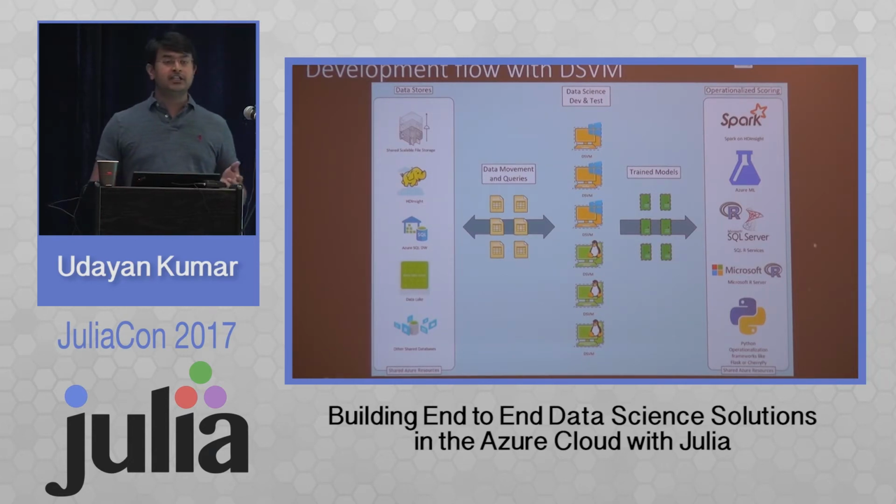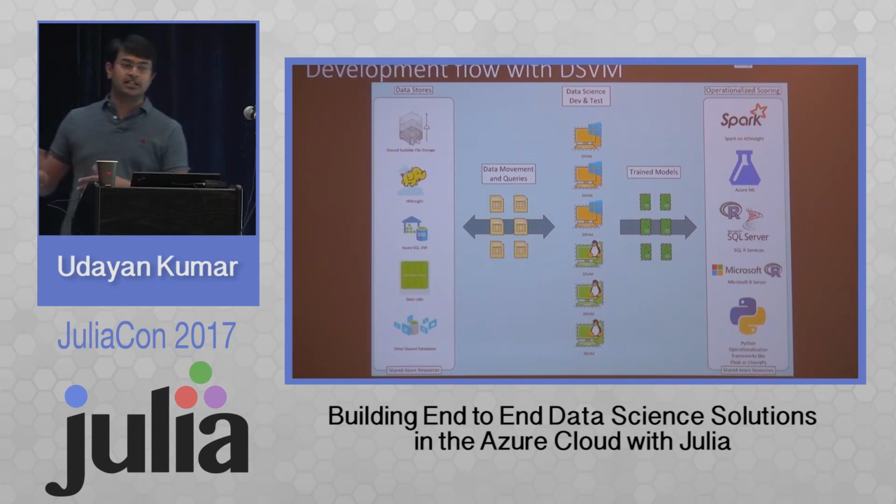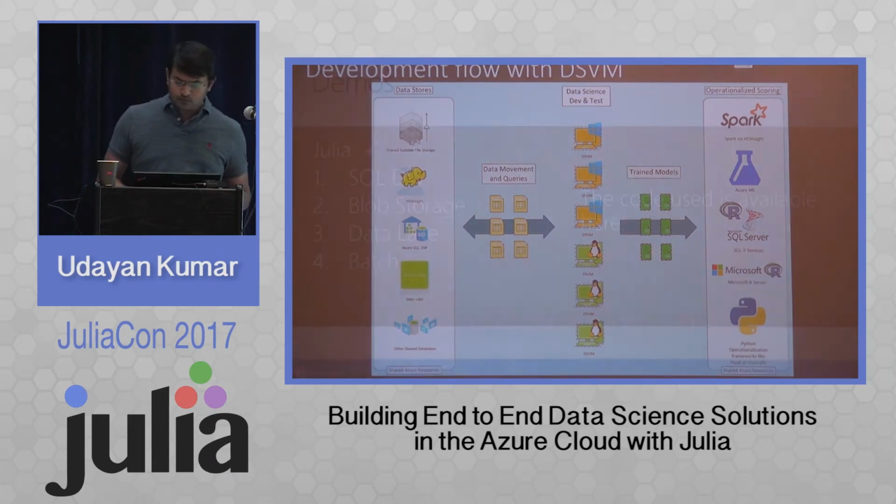We have several ways in which you can operationalize it, whether it's using Docker, Spark, Microsoft R Services, or Azure ML. I'm hoping we can also bring JuliaRun to this set, so that you get the data, you train your model, and you operationalize it, all on one machine.